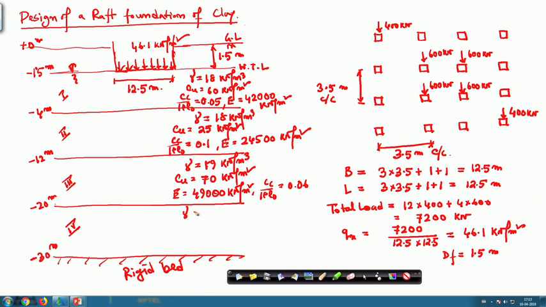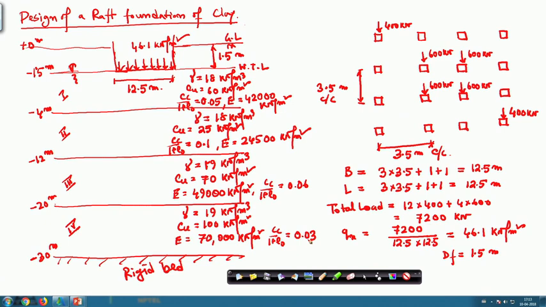For the fourth layer, unit weight is 19 kilonewton per meter cube, Cu is 100 kilonewton per meter square, E is 70,000 kilonewton per meter square, and Cc/(1+e0) is 0.03. Okay, so these are the values given and we now have to design the foundation.